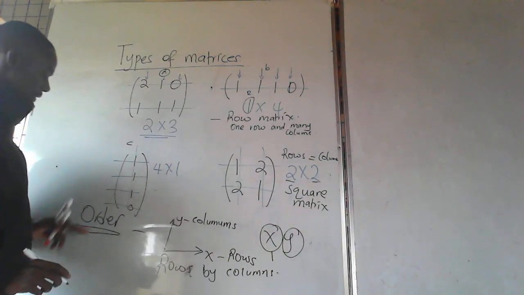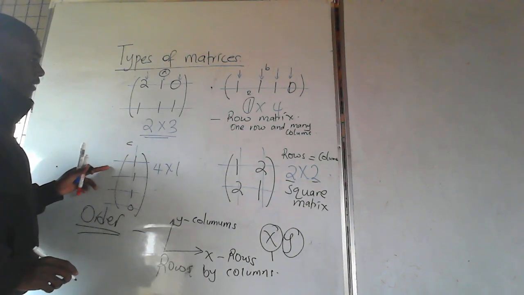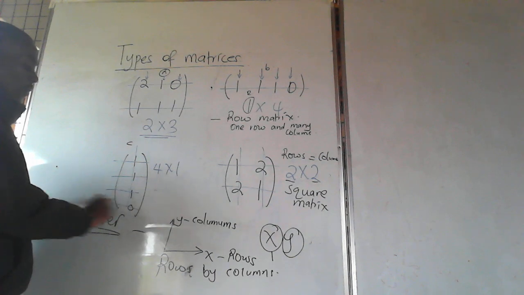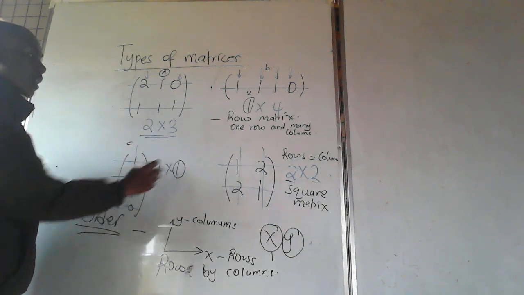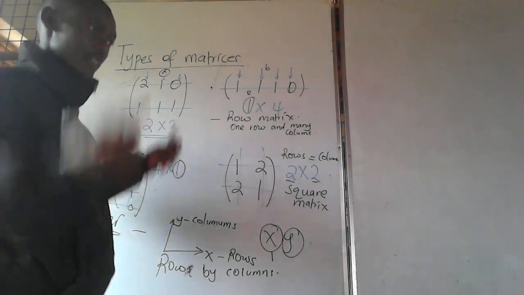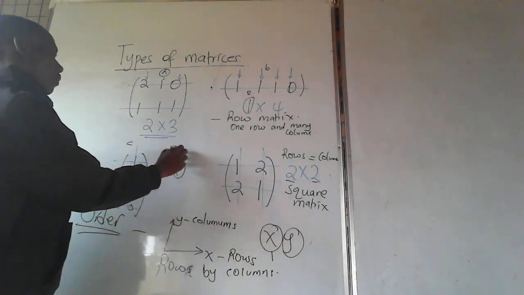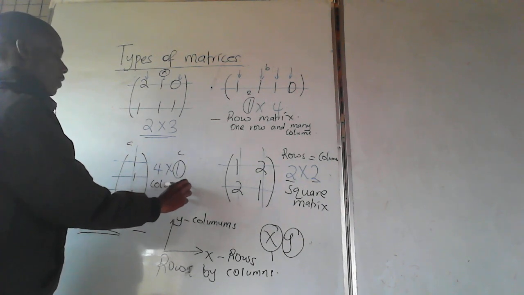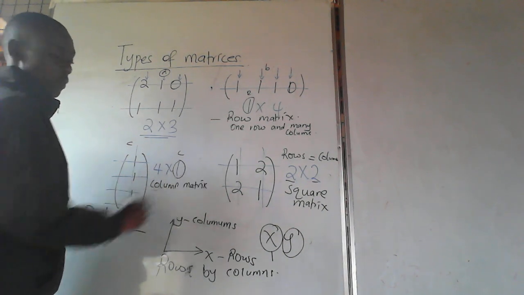So when you come at this, this one has 1 2 3 4 rows and 1 column. The one that is 1 becomes the name. So this one becomes a column matrix. Why do you call it a column matrix?